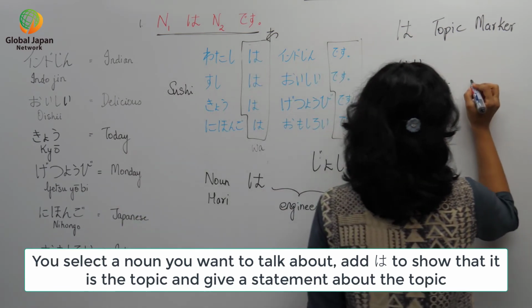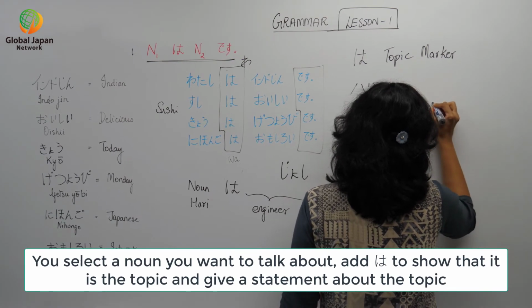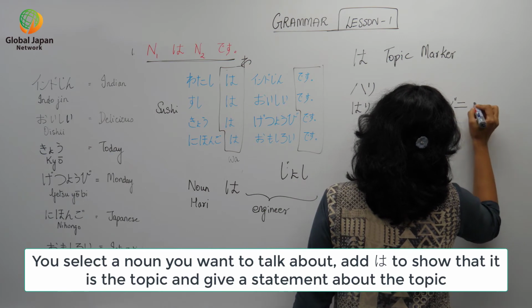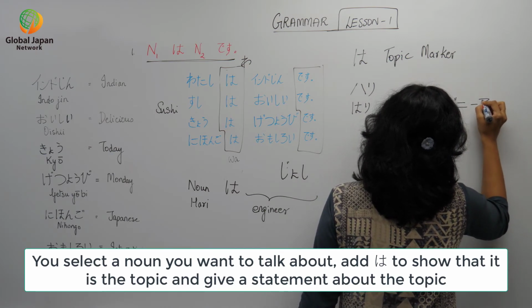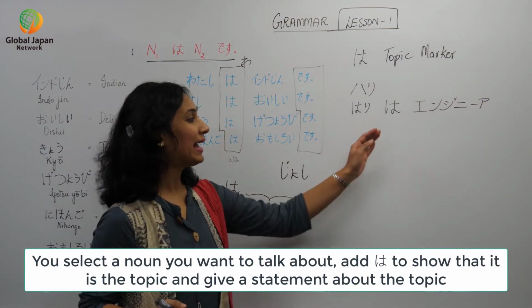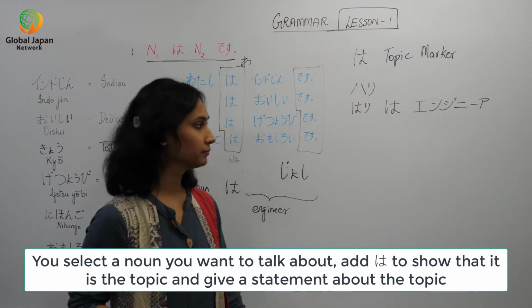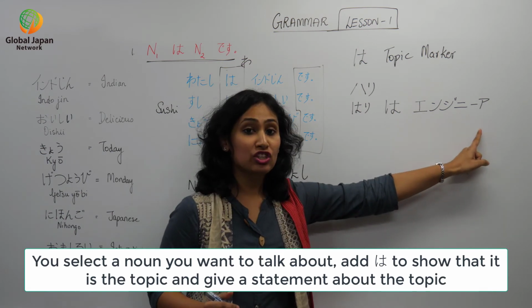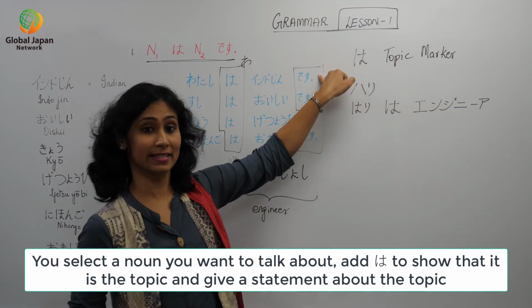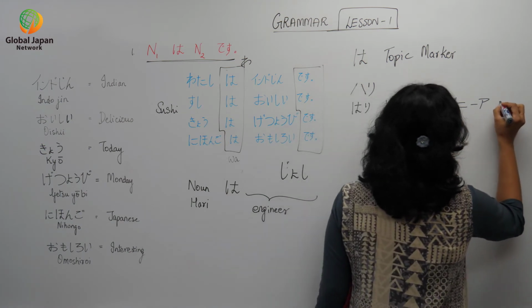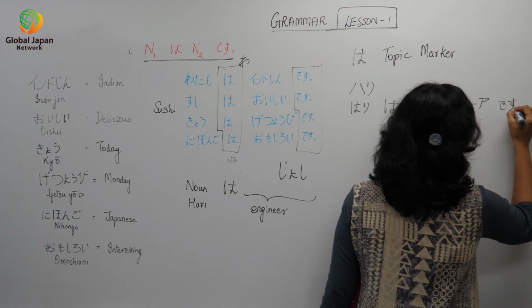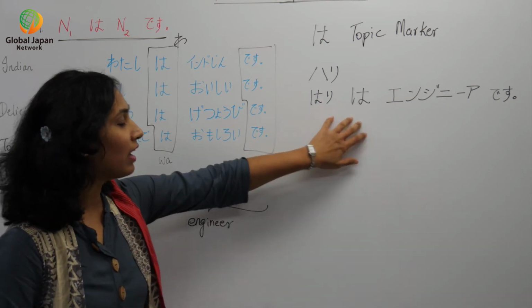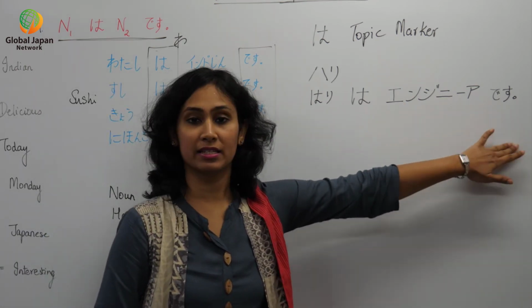I am writing it in katakana. Engineer. Hari wa engineer this. I am also writing something called this at the end. Hari wa engineer this.